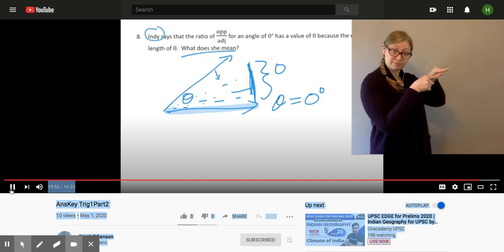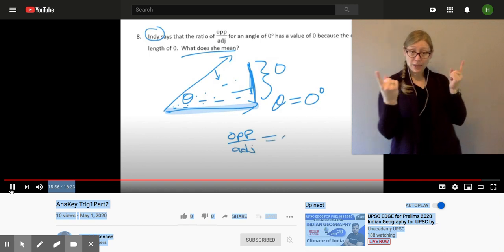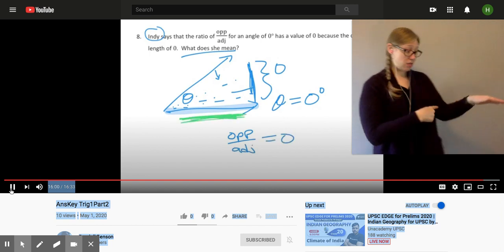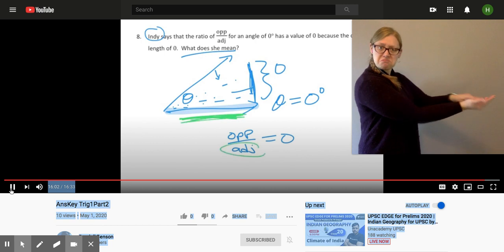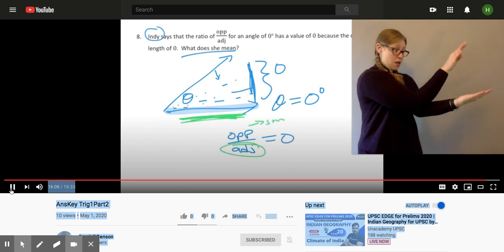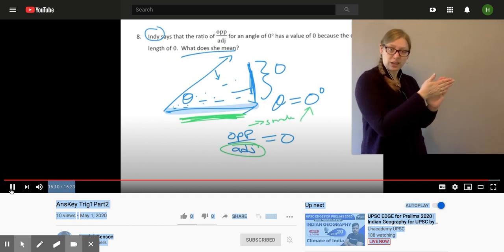And so the opposite over the adjacent is going to be equal to 0 because the adjacent's always got whatever length it started at, it's going to be the same. So that's not changing. But this is getting smaller and smaller until it goes to 0. And so we get 0 for the answer.